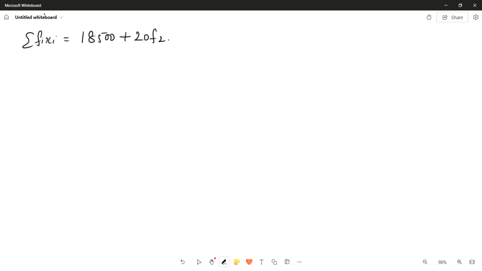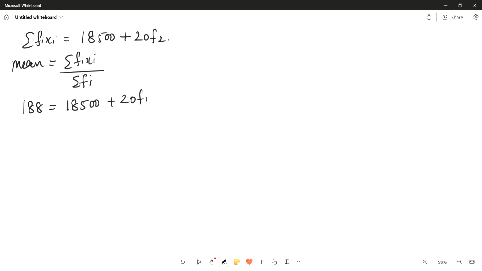Okay. So mean is equal to sigma fi into xi by sigma fi. The mean value is 188. That is equal to 18,500 plus 20 F2 by sigma fi, that is 100. Okay. So whenever it goes to the other side, division will become multiplication. So you will get 18,800 when you multiply.